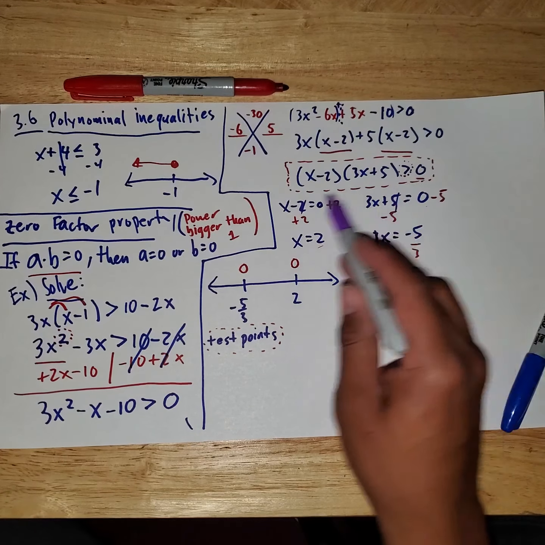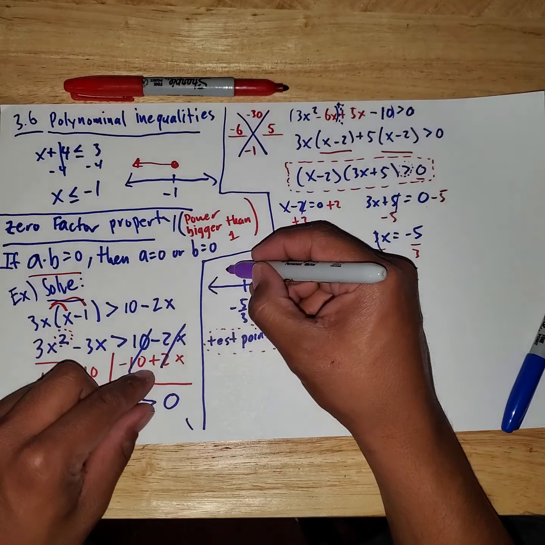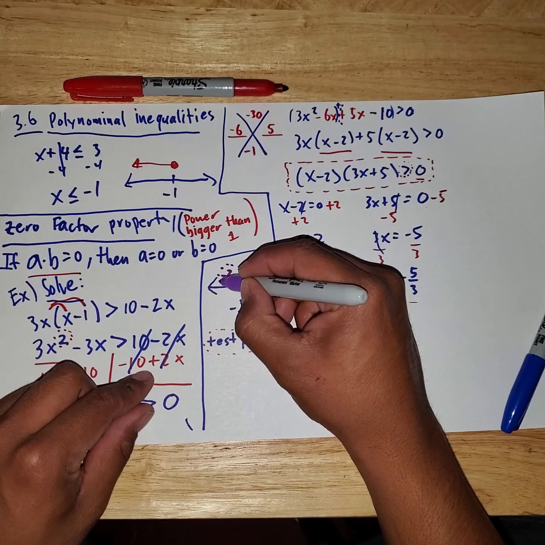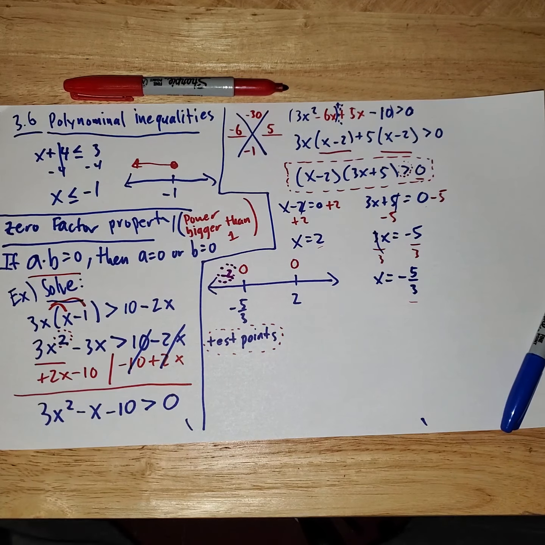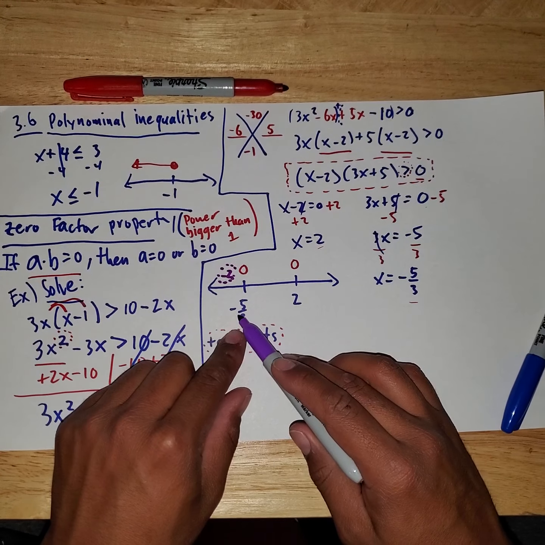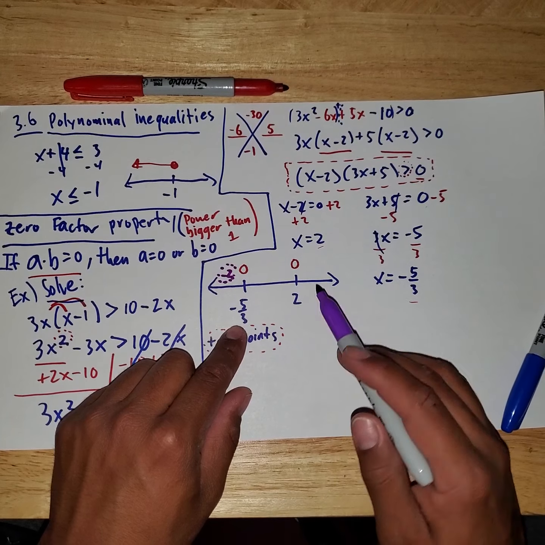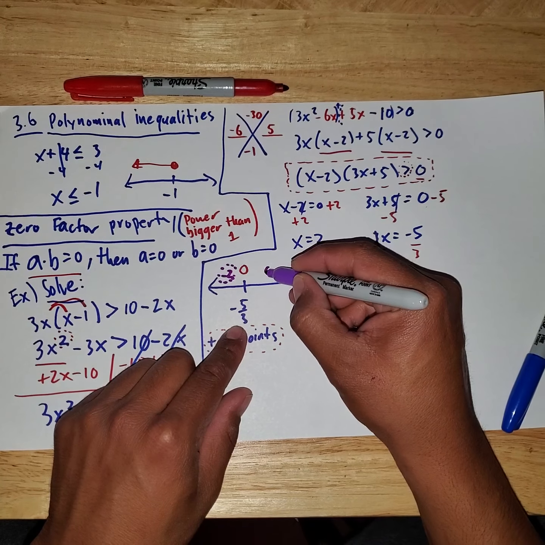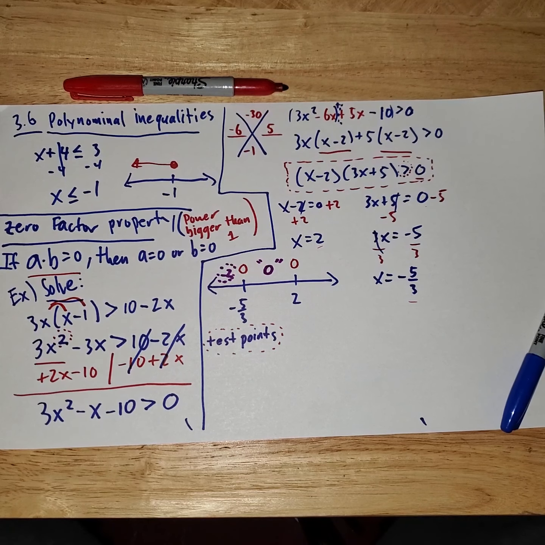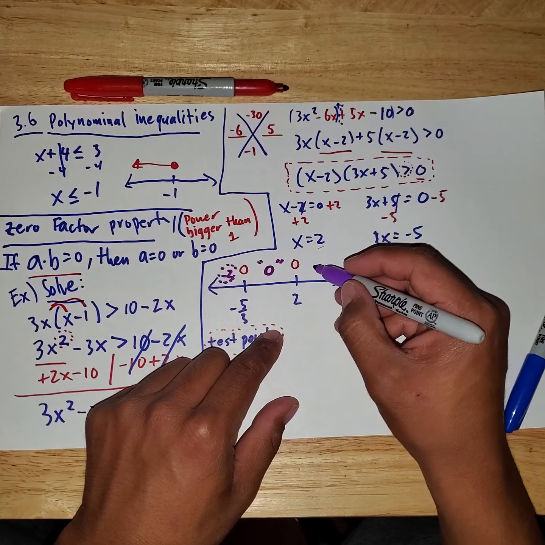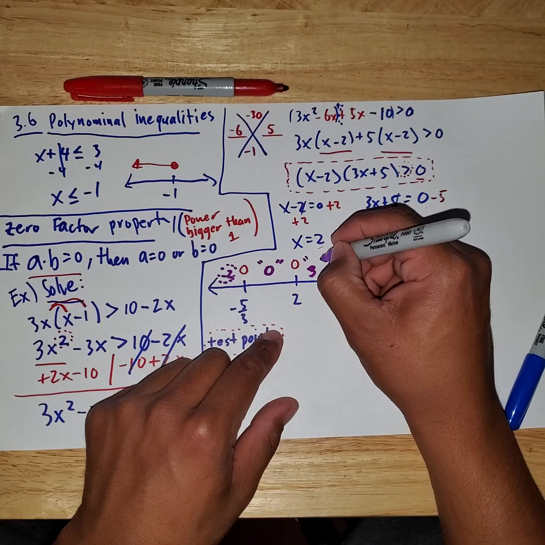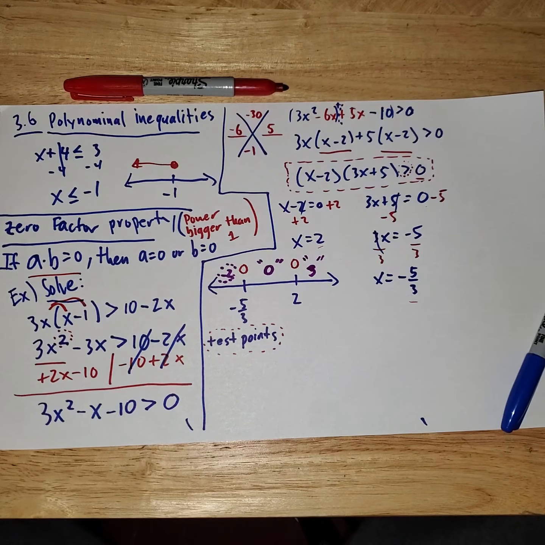Then I don't want to be plugging in decimals on this side, so I'm going to choose negative 2. Since I know negative 2 is definitely smaller than negative 1.6. And then in between negative 5 over 3 and 2, a nice number to use would be 0. That'd be a definitely good number. And something that's bigger than 2, we can use 3 as a test point.